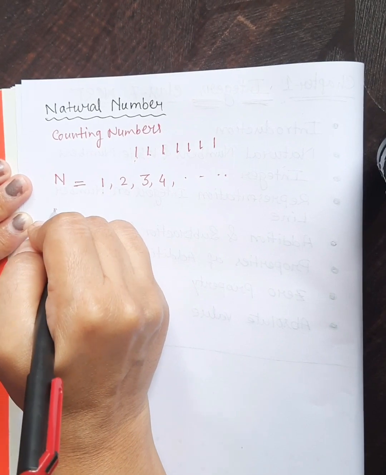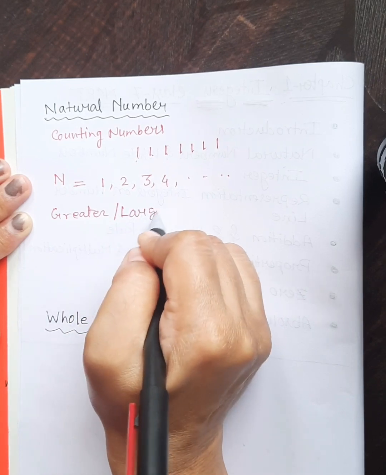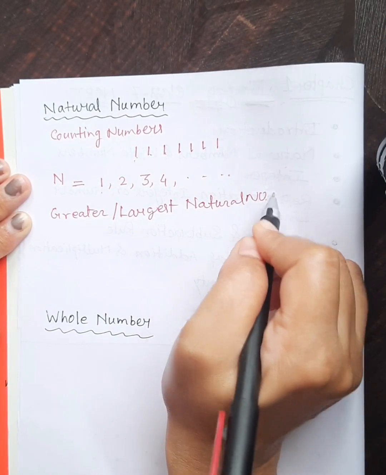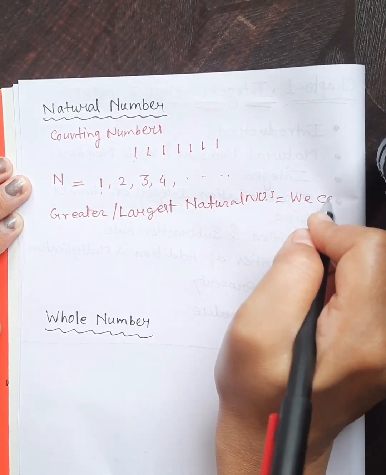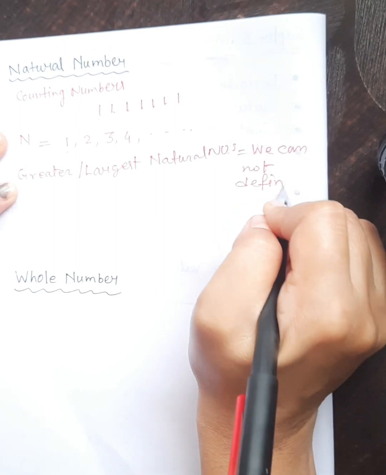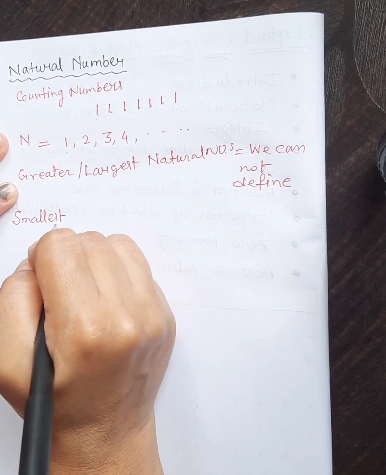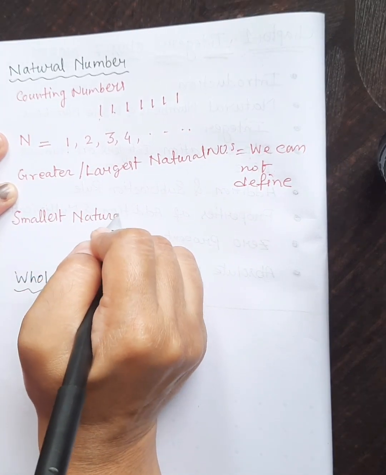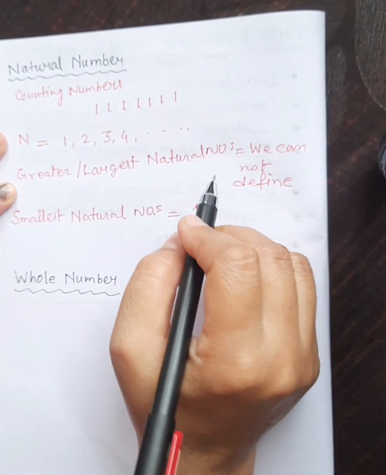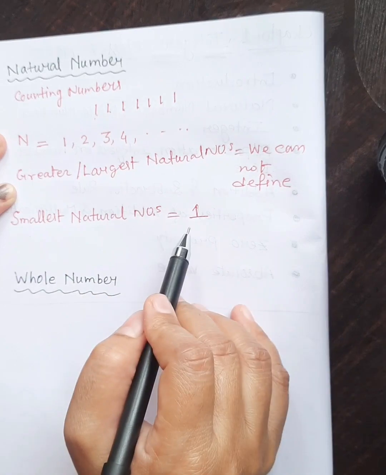That means the greatest or largest natural number we cannot define, and the smallest natural number is 1, because from 1 the natural numbers start. So the smallest natural number is 1.